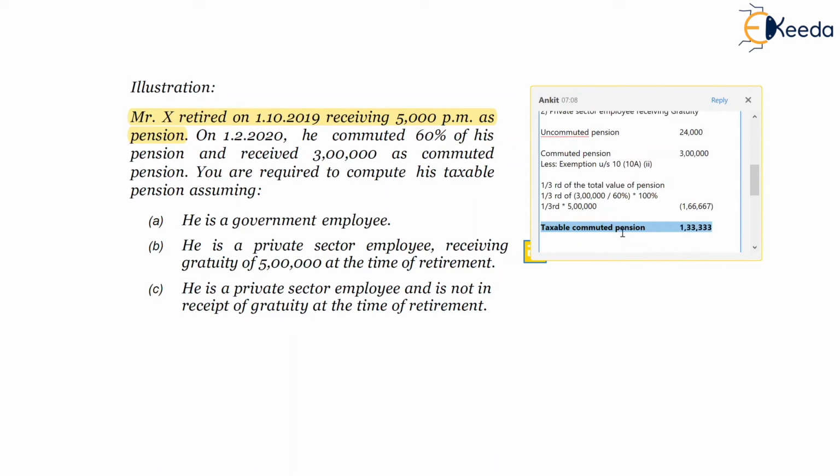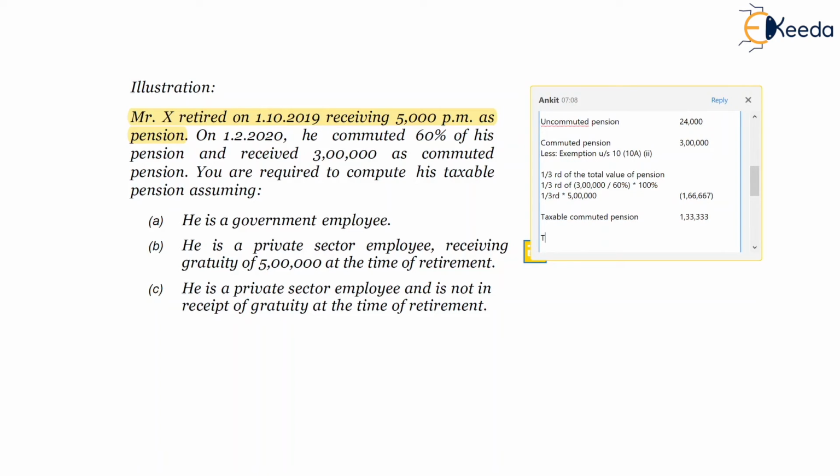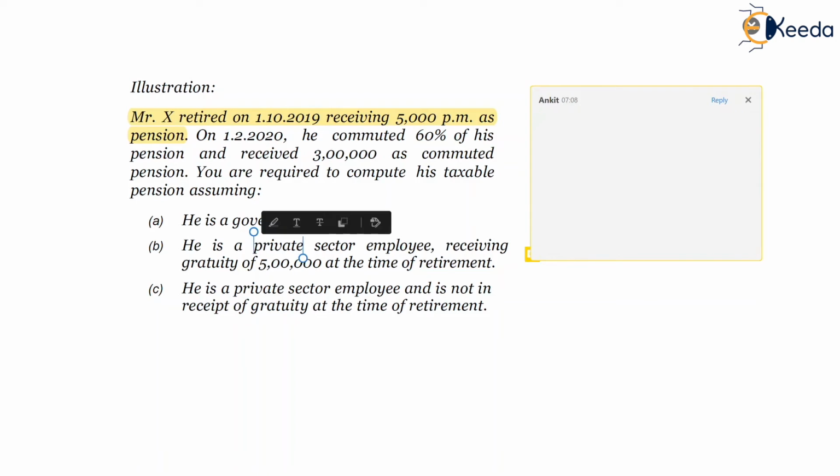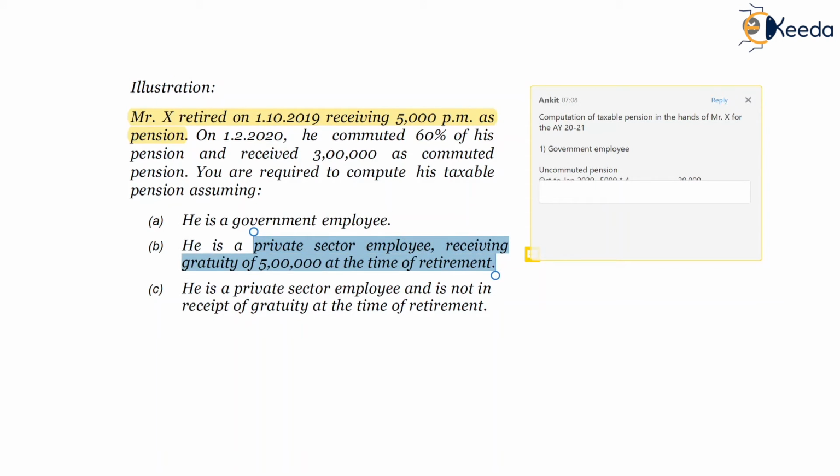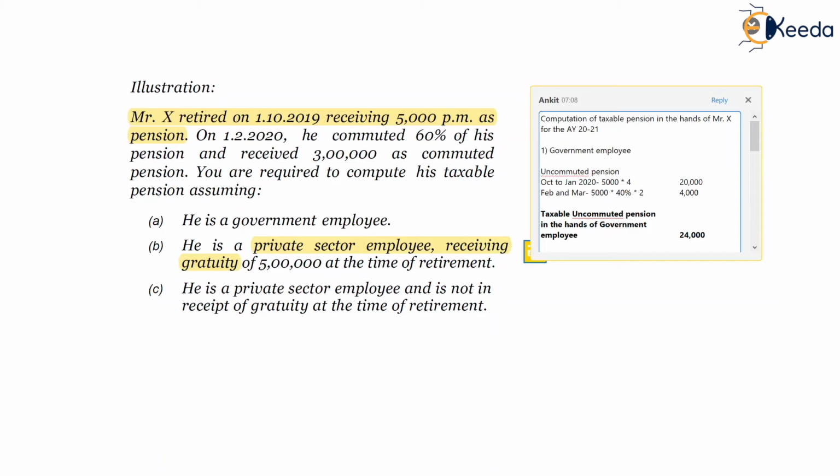So taxable pension will be inclusive of the uncommuted pension as well, so 133,333 plus 24,000 is 157,333. So this will be the final answer in case of a private sector employee receiving gratuity.